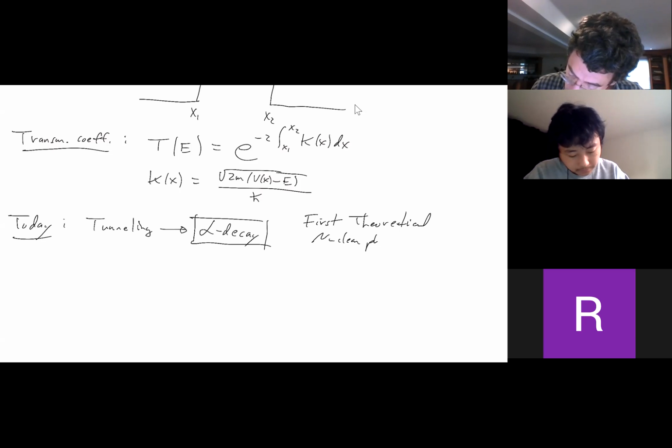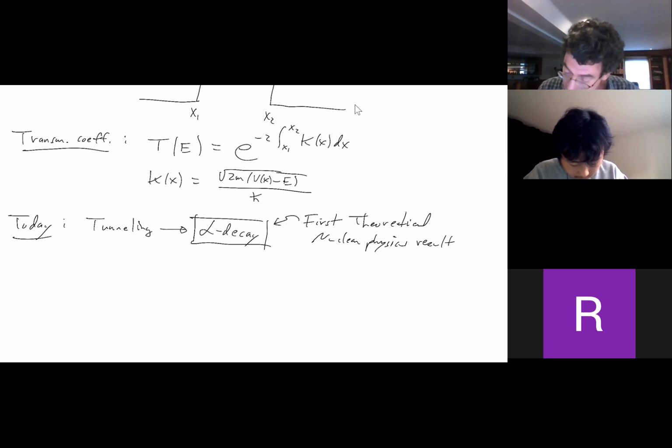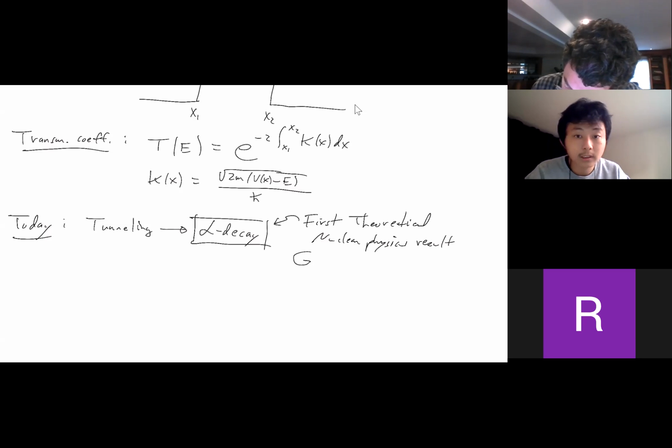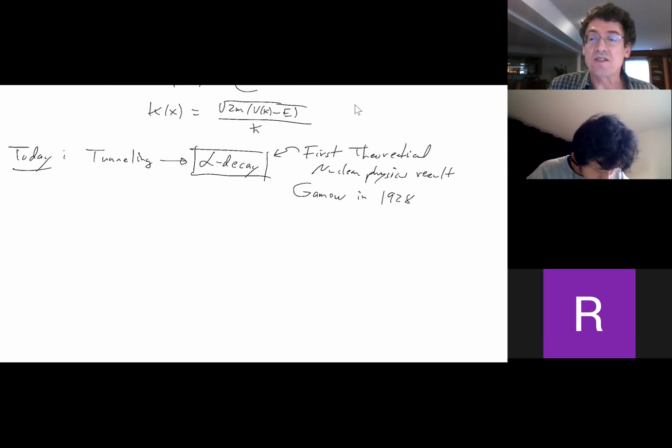It was done by a guy named Gamow. I don't know how to pronounce that correctly. In 1928. And so let's talk about alpha decay. All right, so that's what we're going to talk about now.